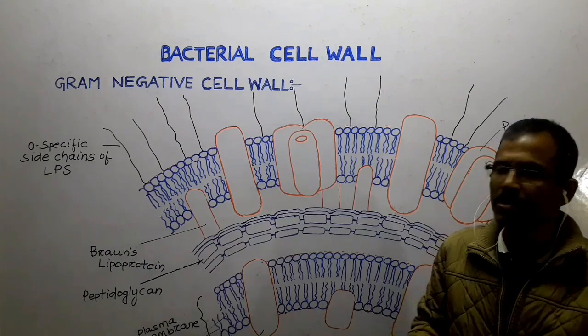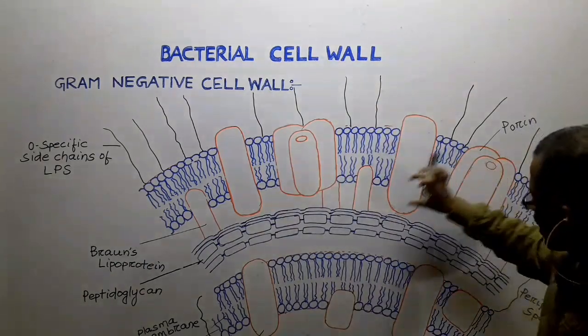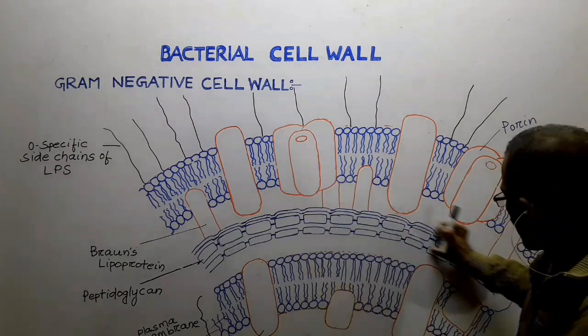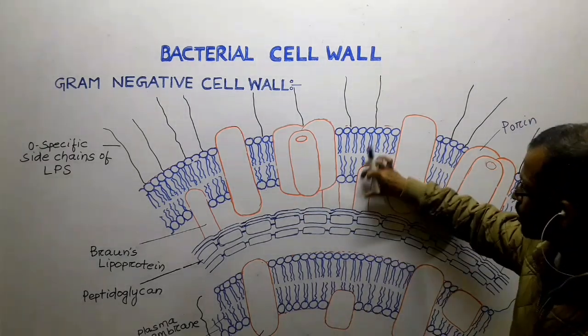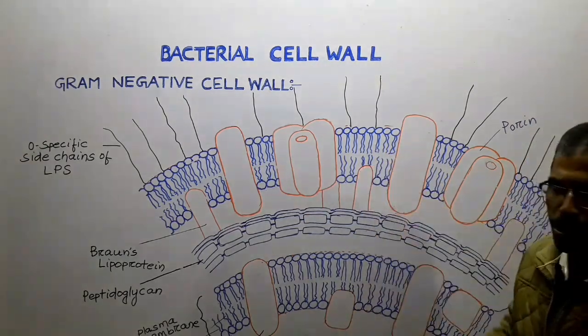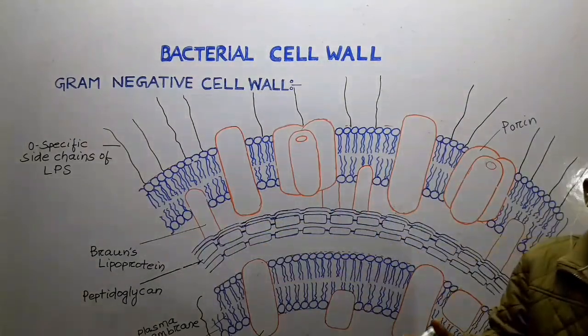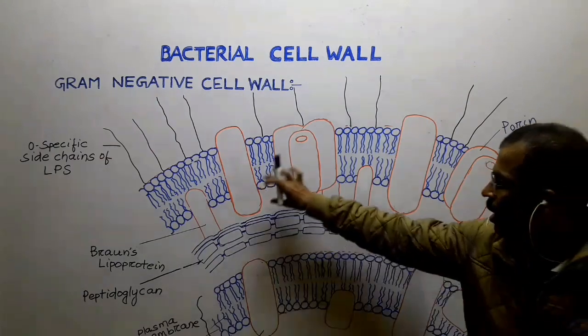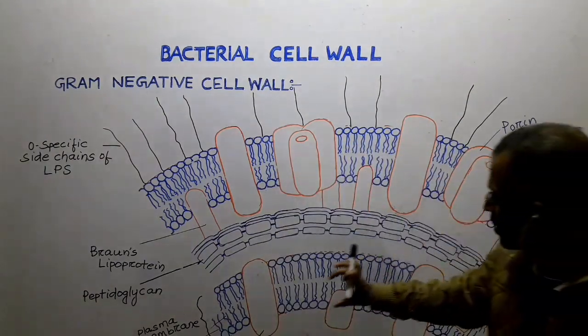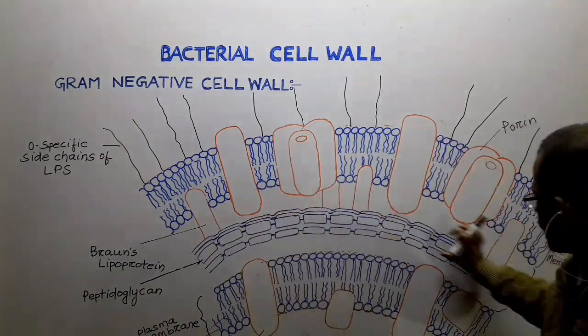One is that the outer membrane is connected to the underlying peptidoglycan by means of Braun's lipoprotein.